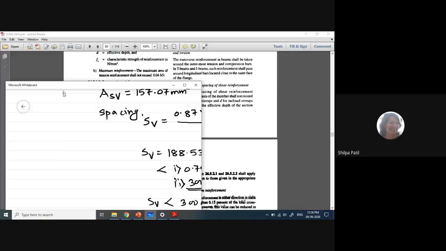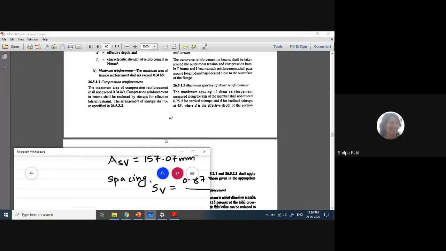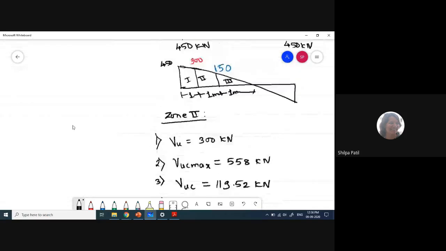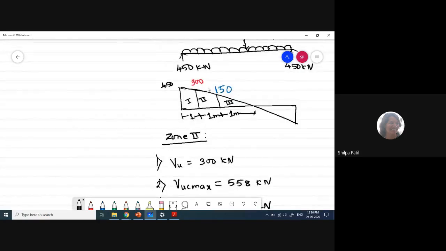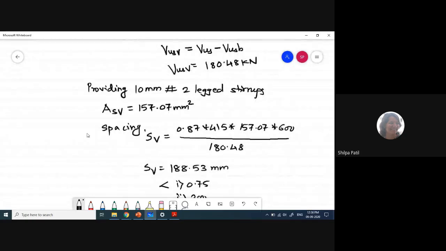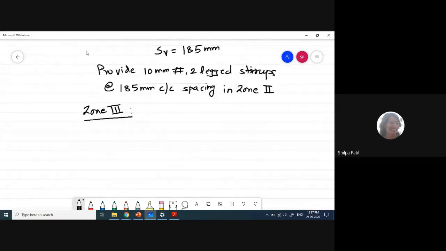Okay, now coming back to the diagram. For zone 3, the shear force is 150 kilonewton, which we already calculated. So let us use that value here. Vu is 150 kilonewton.